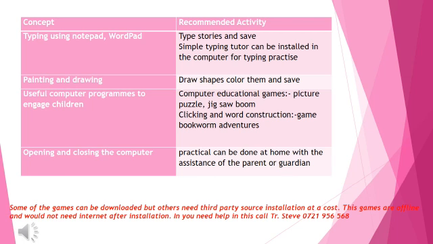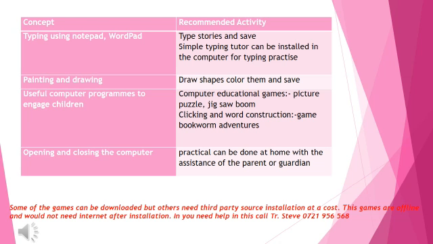I can recommend various facilities to help our learners in what we have been learning. For typing, using WordPad and Notepad, learners can open the program Notepad or WordPad and type some stories.